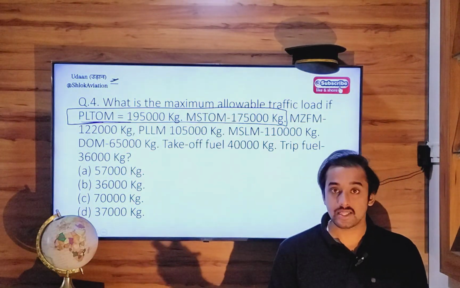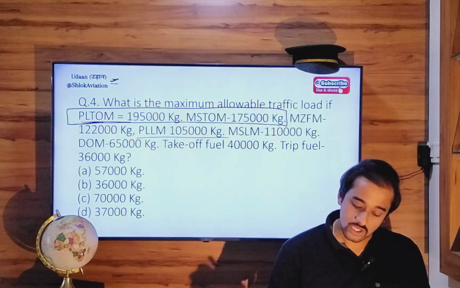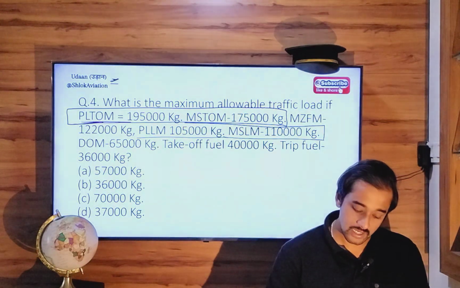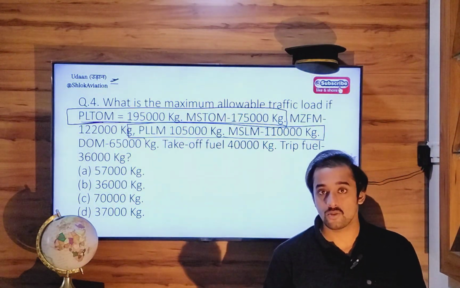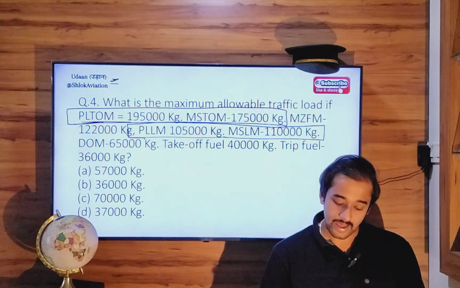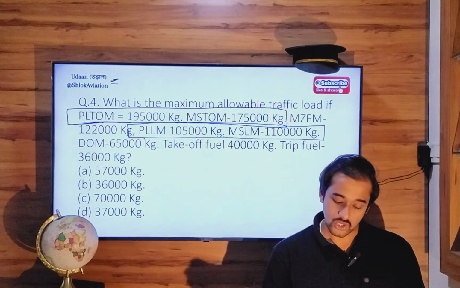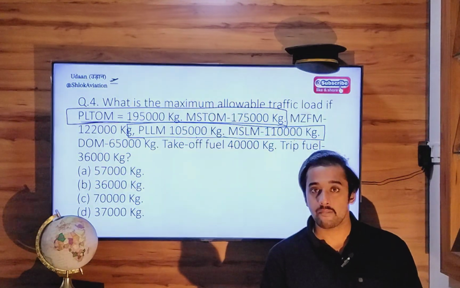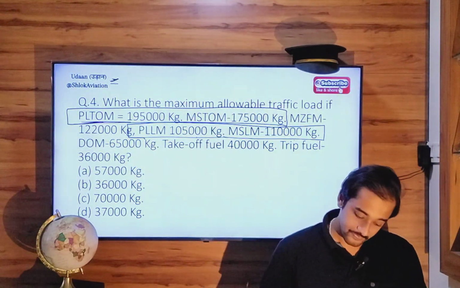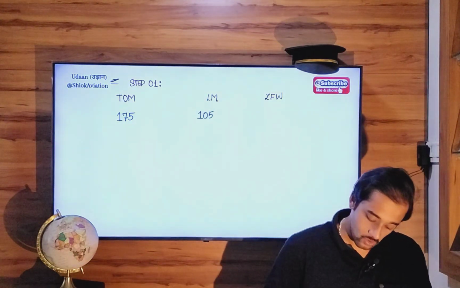Again, there are two values given to you: performance limited landing mass and structurally limited landing mass. Out of these two values, you are going to select the lesser one. So 1 lakh 5,000 and 1 lakh 10,000. The performance limited landing mass is the lesser value. So I'm going to write here 105.